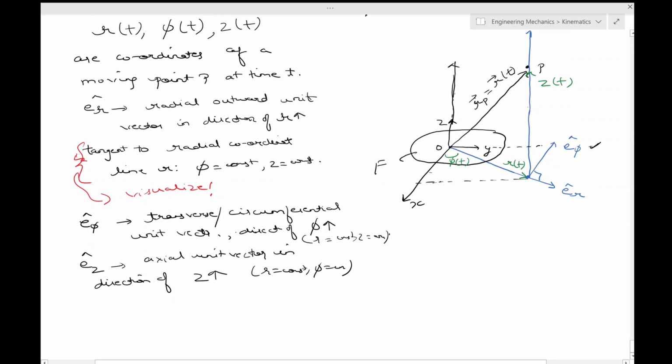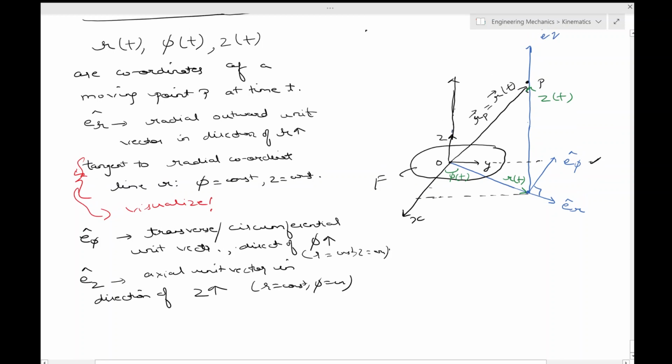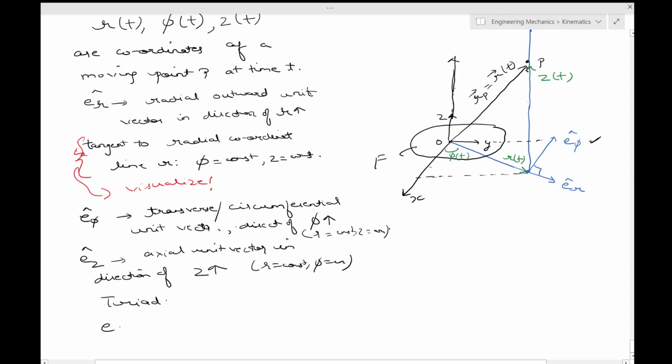So all of them form a triad. So ER cross E phi is EZ, and E phi cross EZ is ER, and EZ cross ER is E phi. So this is what we have.